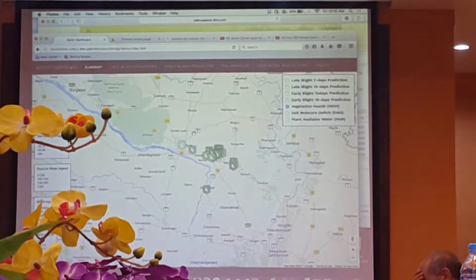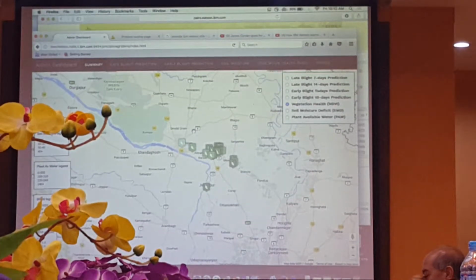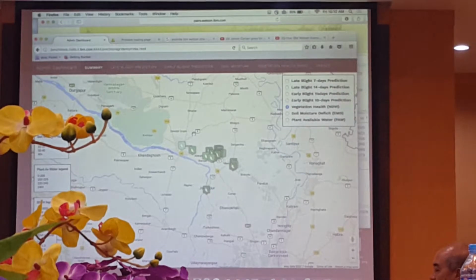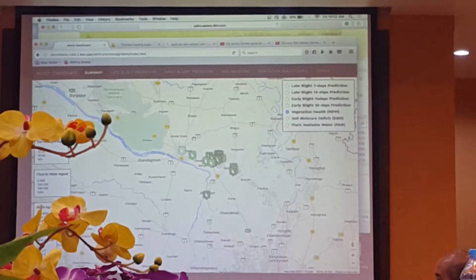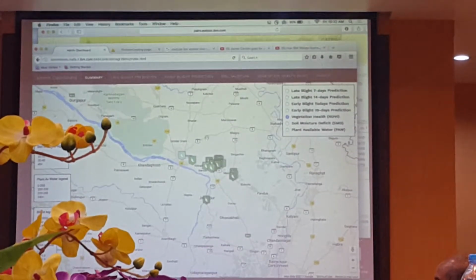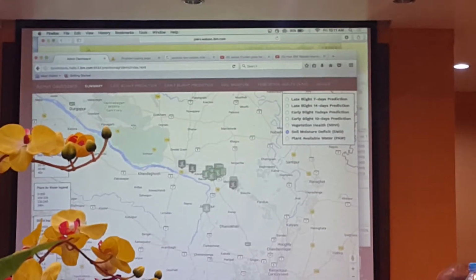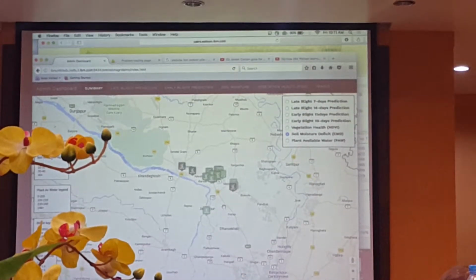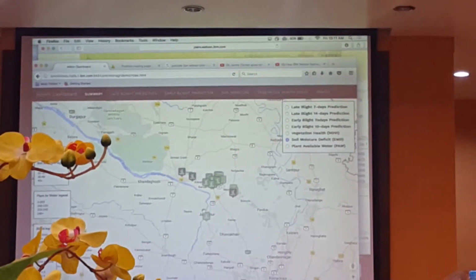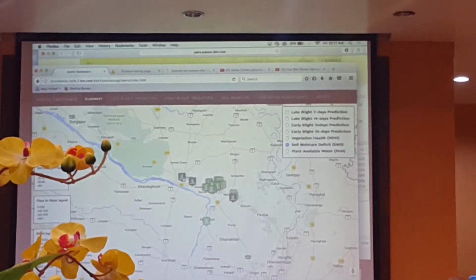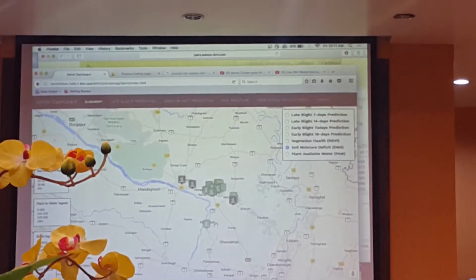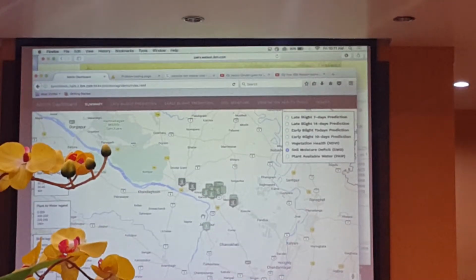So you know this is the area where the problem is, but using the local images, it can actually tell you whether there is some nutrient deficiency because the plant may get a different color, or it can also tell you the soil moisture availability just using the remote data. So in this case, you do see that these sites actually have less water than these sites. So these sites actually need irrigation today.